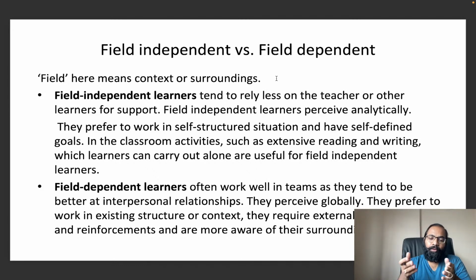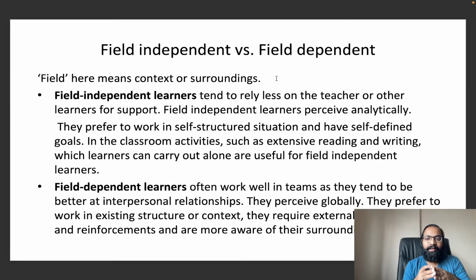So whoever learns by himself or herself comes under the field independent learner. Independent means not depending upon others. Field dependent means the learner depends upon friends or teachers to understand the concept. That is the difference between these two.